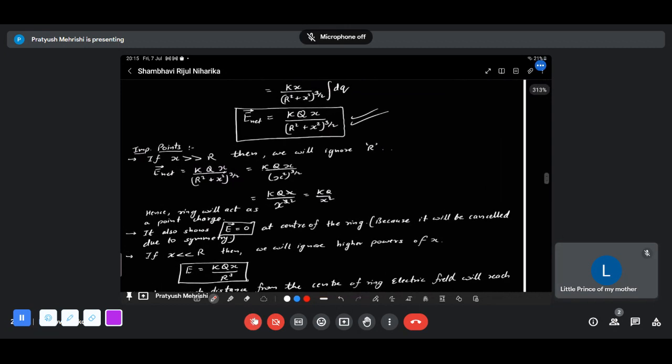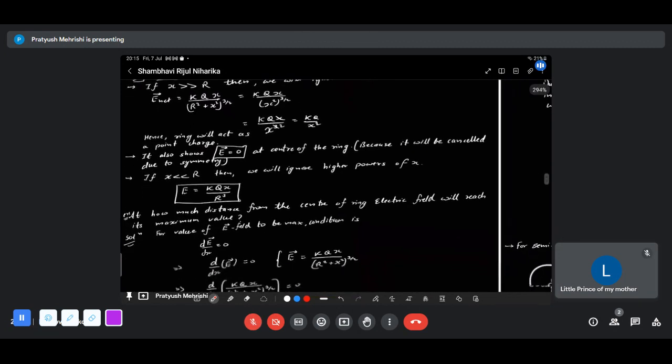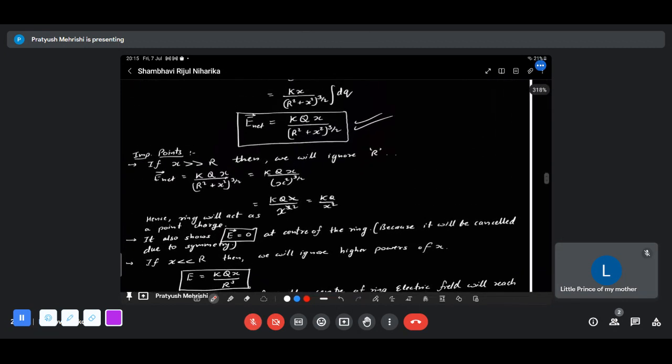Now some important points regarding this ring. If x is very, very much larger than the radius, then what will happen? Then we will ignore the radius, so we will ignore r square. When we ignore r square, only x square will remain, x square to the power 3 by 2.